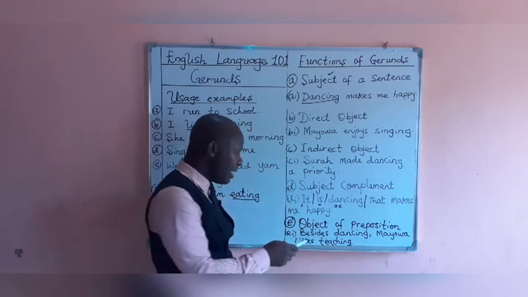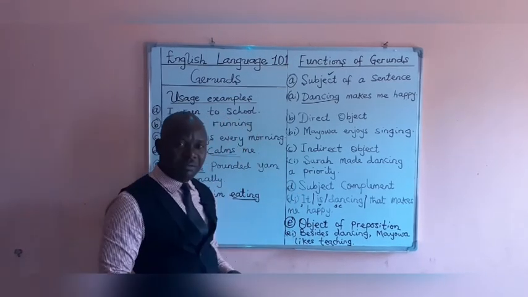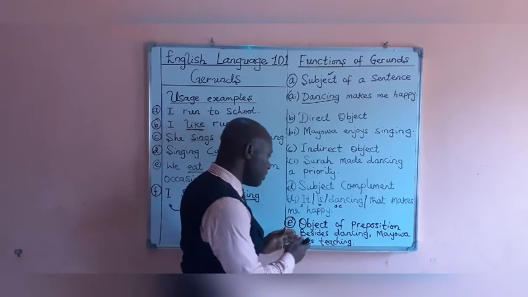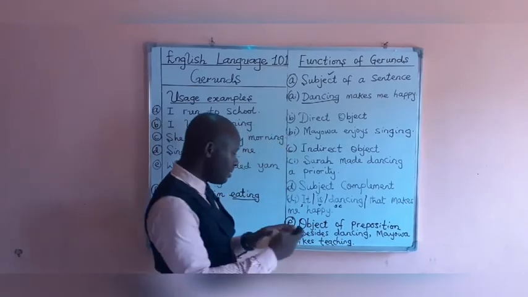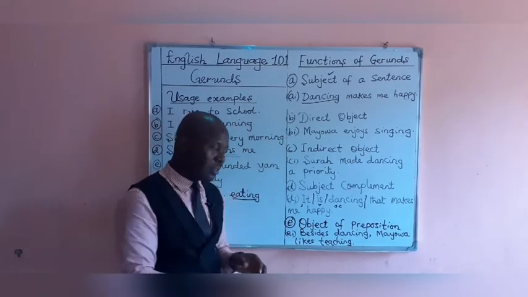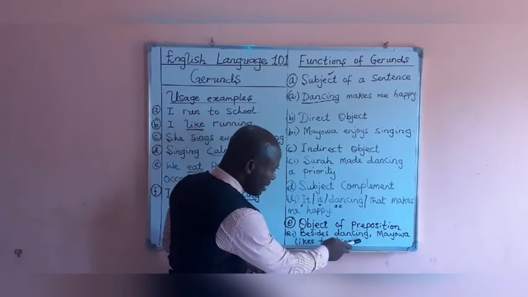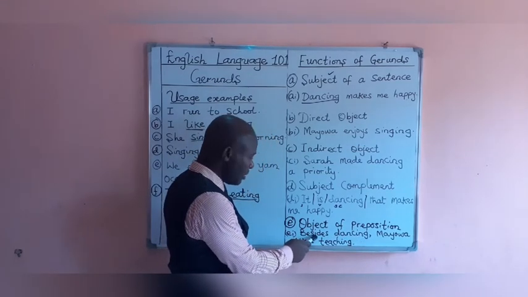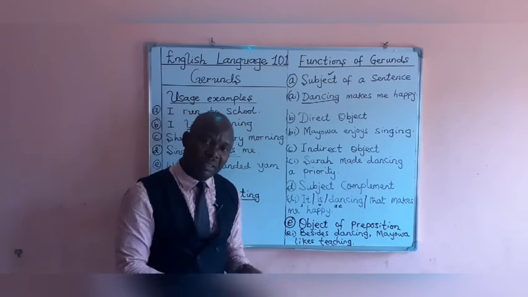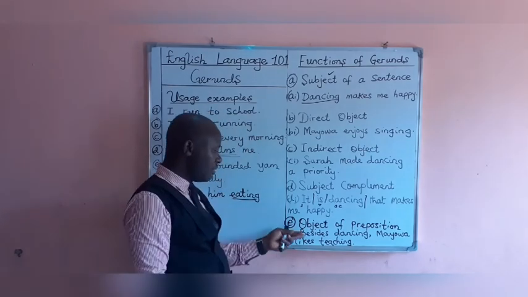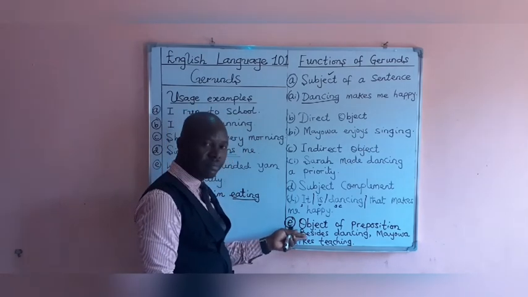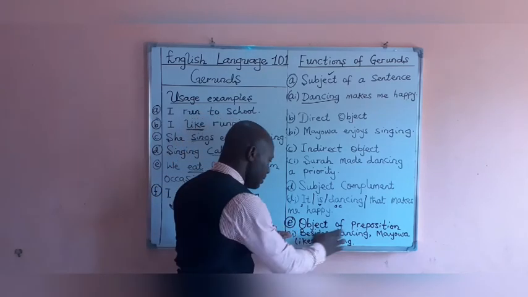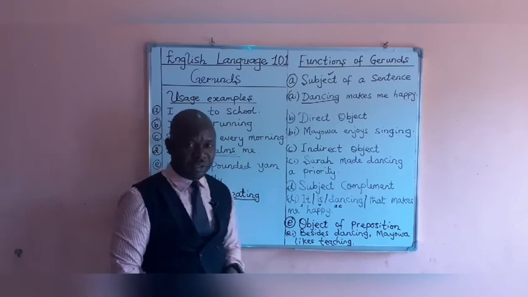The preposition there is besides, which also means apart from. Apart from dancing, Maiwa likes teaching. Now, dancing here is subject to this preposition. So we call it object of the preposition. Does that make sense to you? And together, they make a prepositional phrase.